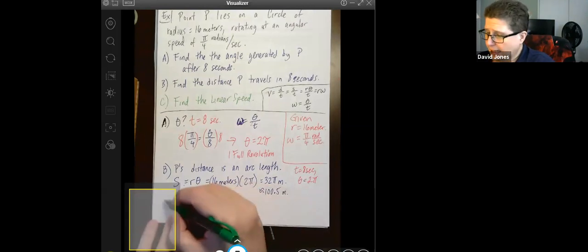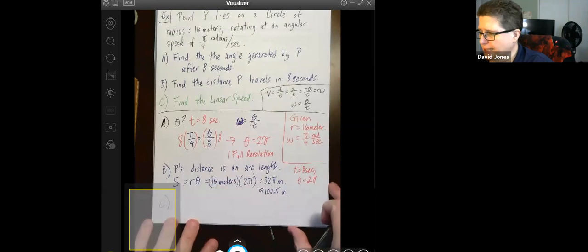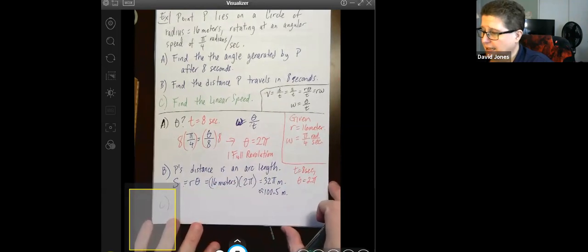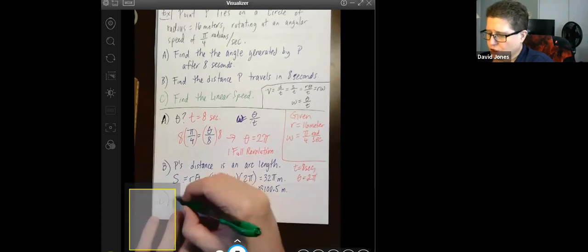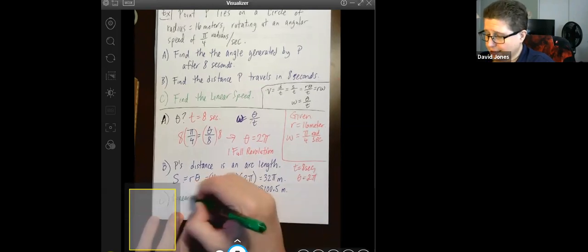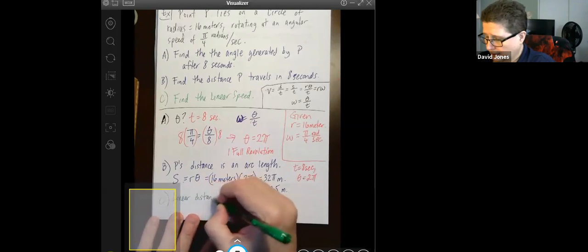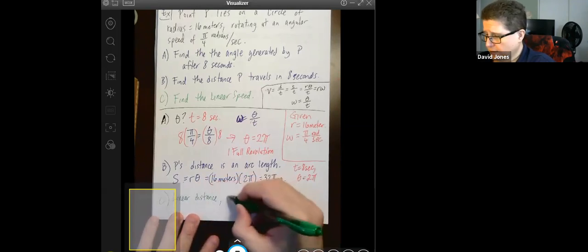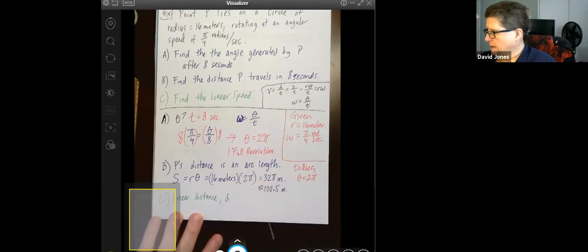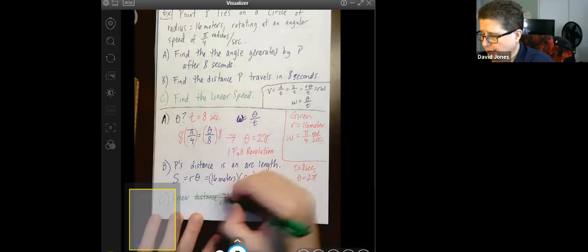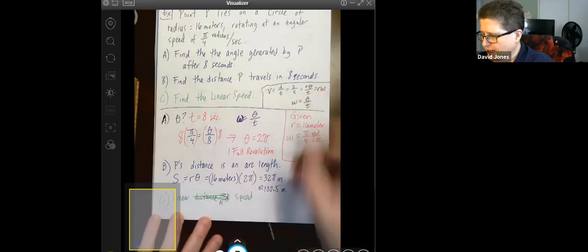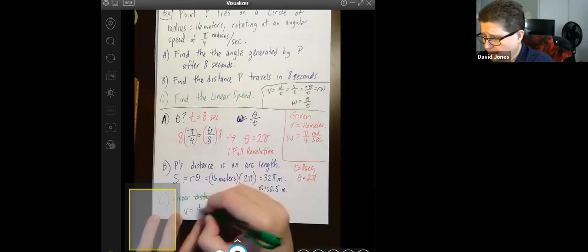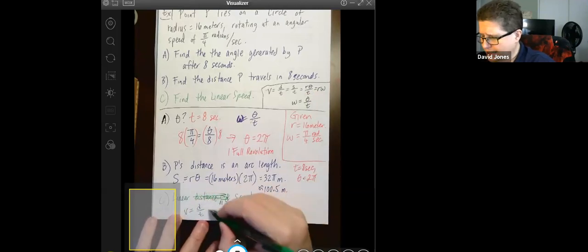Finally, C. Now we're talking about a distance, a linear thing, so now we're looking for linear distance, D. Oh no, find the linear speed. That was v equals d over t, and we know d is s.